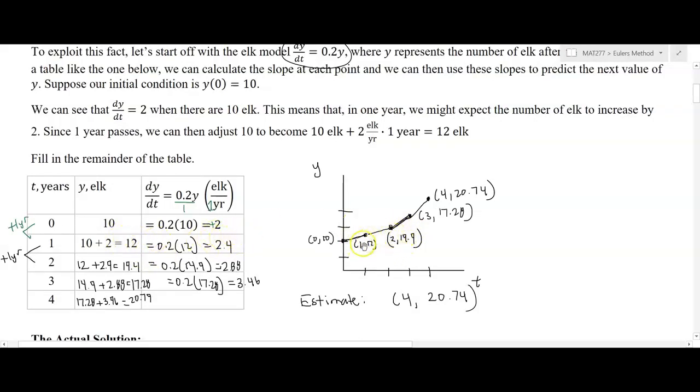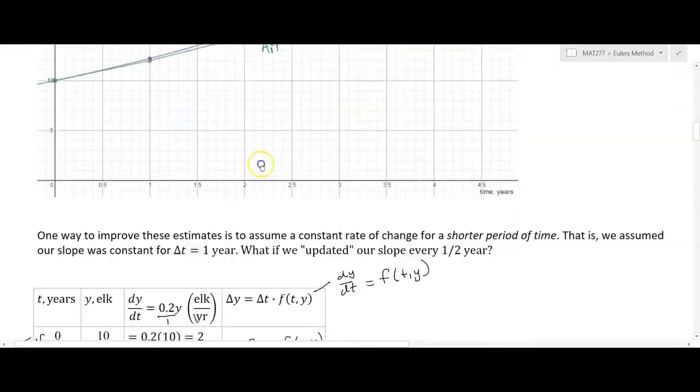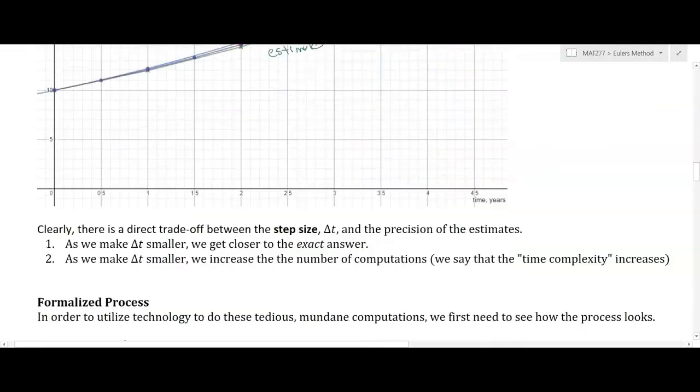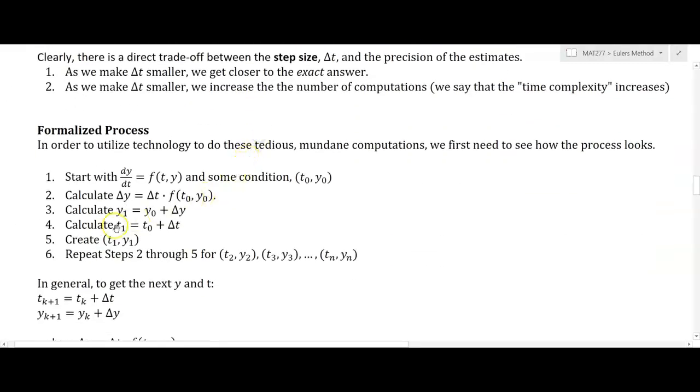And then we also had to increment time by its time step. So those two processes are described here in steps 3 and 4. So the next y value is the previous y value plus the change in the y. The new t value is the current t value plus the change in the time.